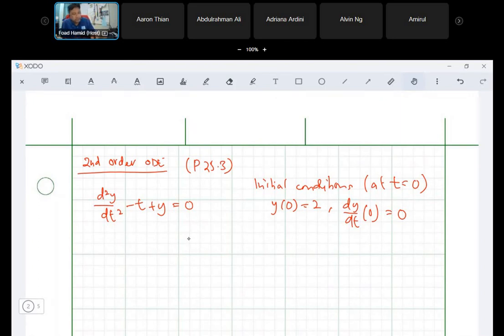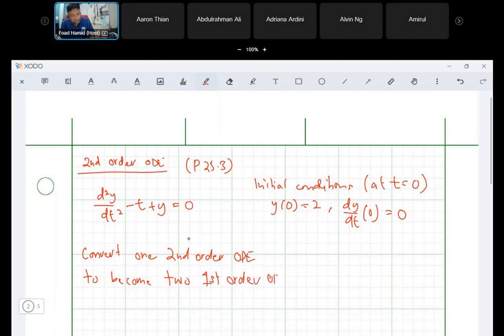So the plan here is to convert one second order ODE to become two first order ODEs, because we know how to solve two first order ODEs.